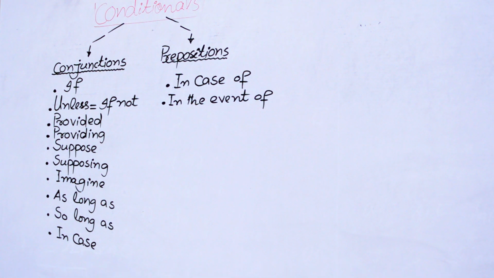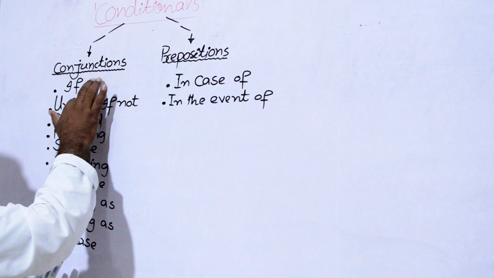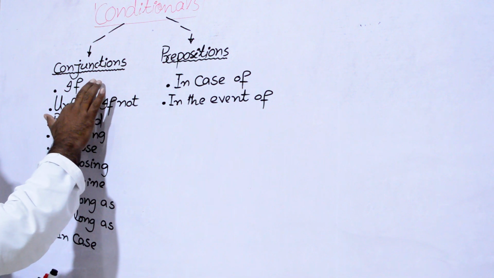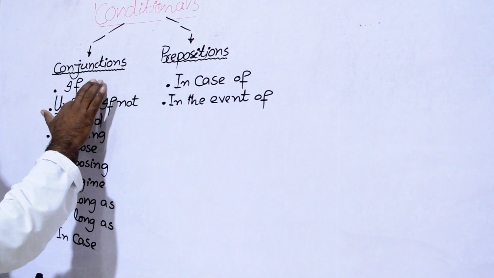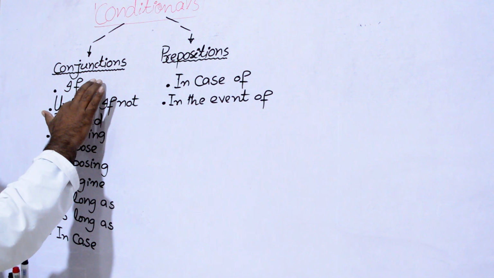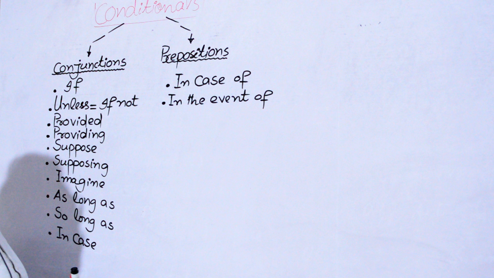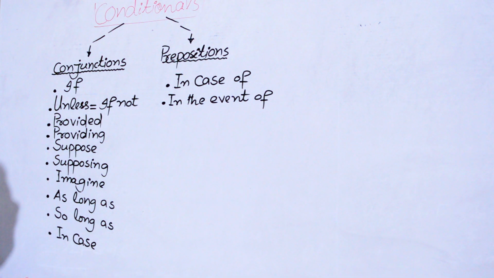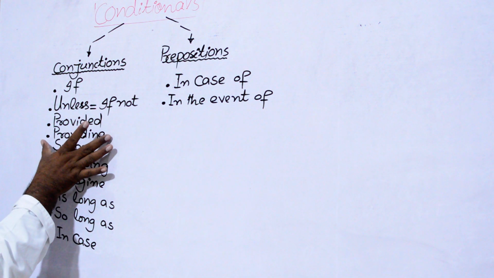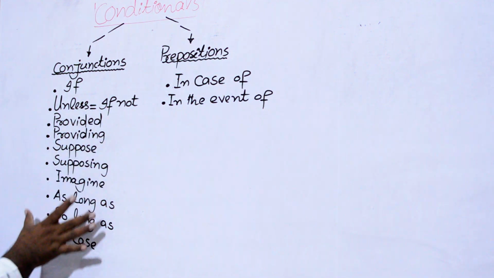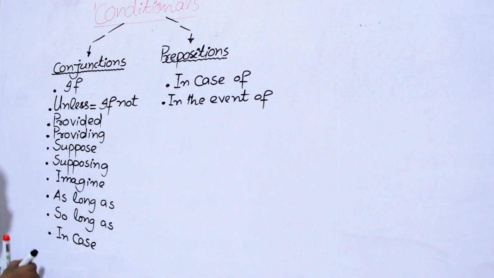All of us know very well, a conjunction takes a clause. I did emphasize it in my subordinate conjunctions. And a preposition takes a noun or a noun phrase. Let's have an example to distinguish between the usage of conjunction and preposition.